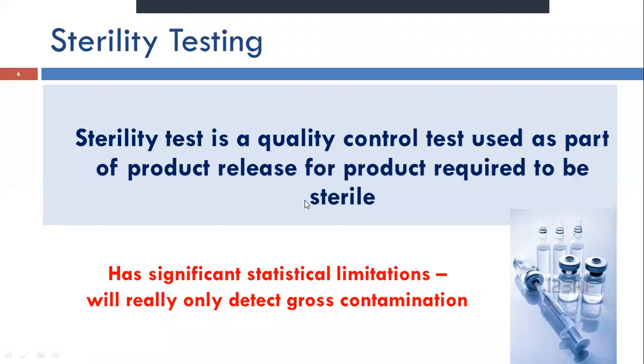In this 100 liters, suppose we expect around 100 contaminating microorganisms. This 100 liters is filled in vials of maybe 1 ml, 2 ml or 5 ml. So how many vials may you have? Maybe 10,000 or 1 lakh vials.